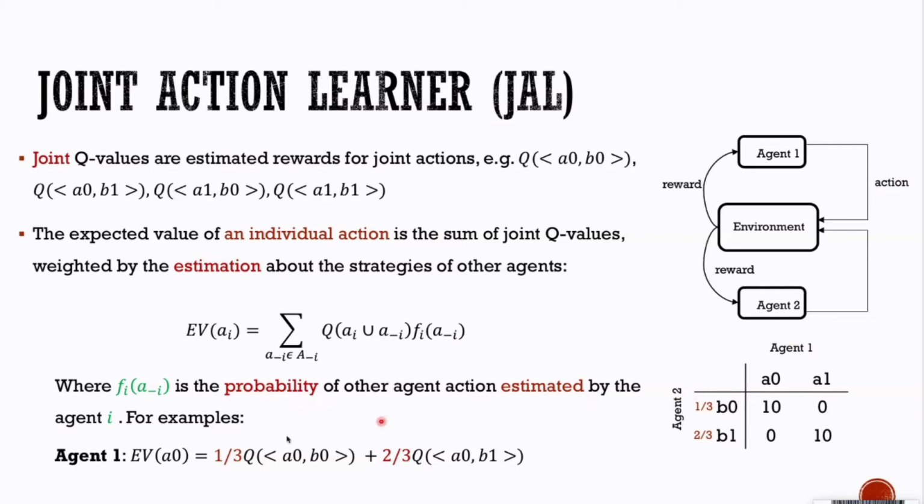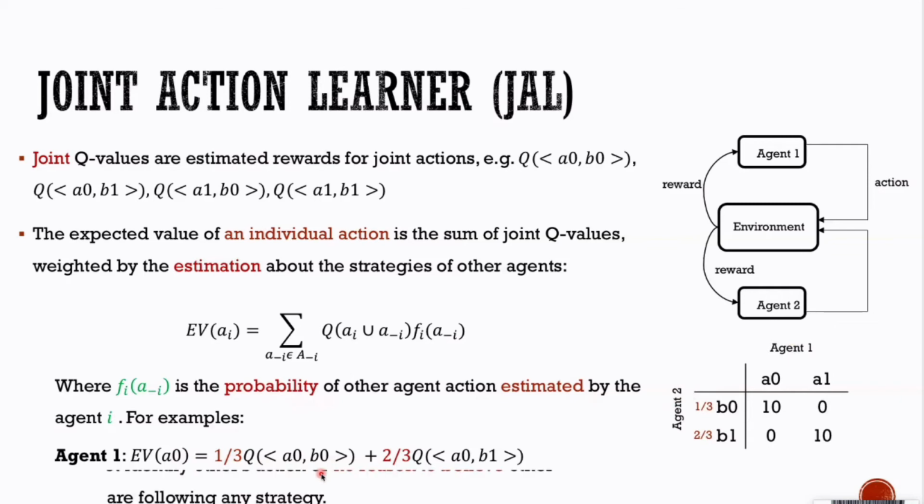So if it wants to evaluate the value of the individual action A0, you just weight it with that strategy over the joint actions. That is how the joint action learner works.